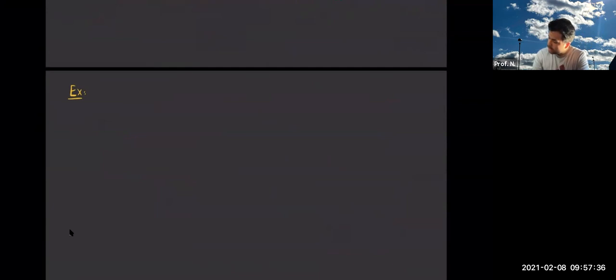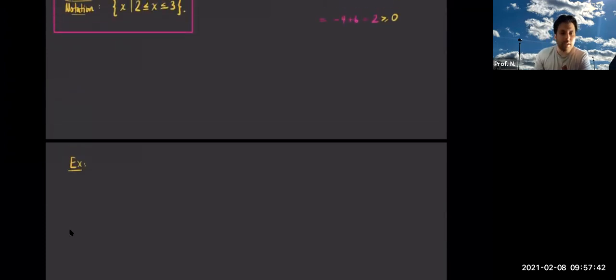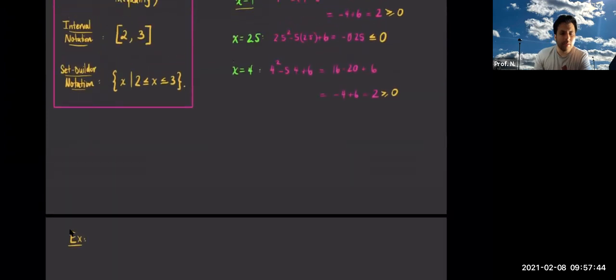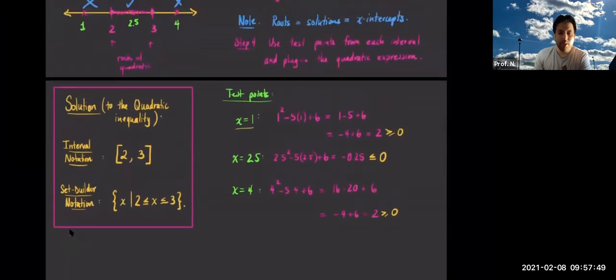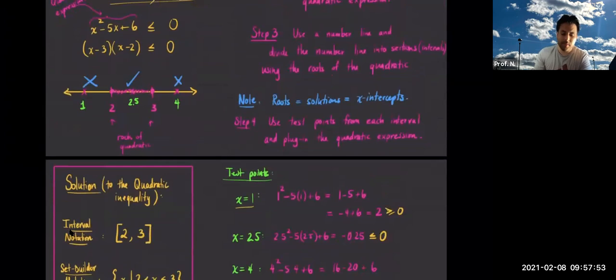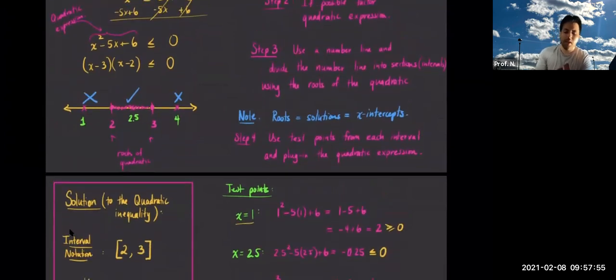Let's see. I'm going to give you not a quadratic inequality. What if the 2 and 3 weren't included? How would you write the interval notation? Well, then that becomes a bit more complicated, right? Then we would have to find the roots regardless. We have to find the roots of this quadratic.